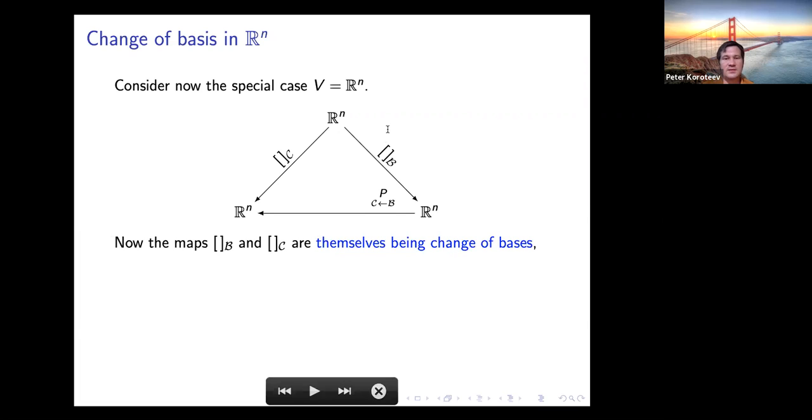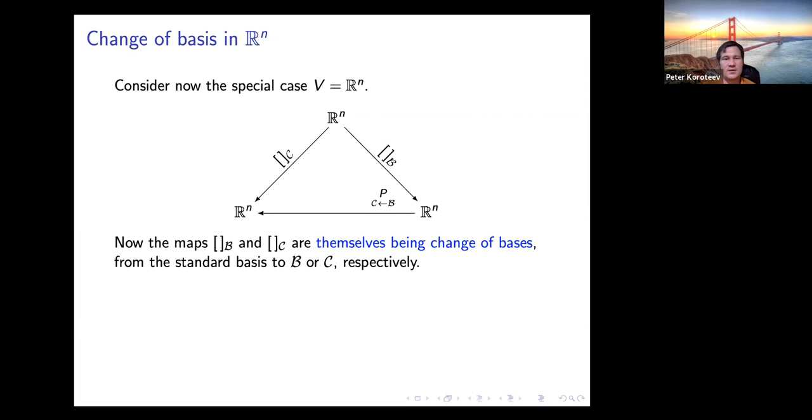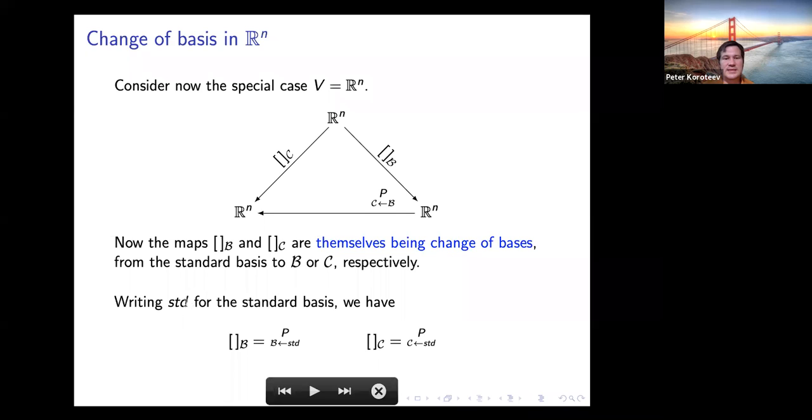In other words, you can treat those choices of coordinate maps as changes of basis from the standard basis to B or C respectively. So let's write STD for the standard or canonical basis, and then there's a change of basis P from standard to B, and P from standard to C. This is what they are, right?